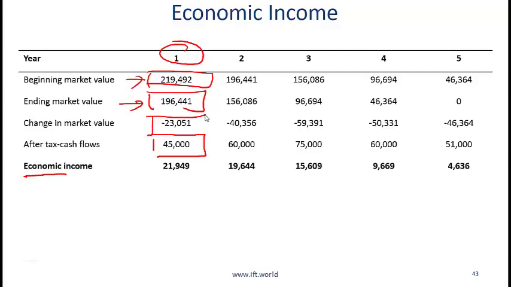Market value went down by 23,051. So how do you come up with this economic income? It's the cash flow minus this number. So bottom line, what is economic income? It is the cash flow, and then you adjust that cash flow based on the change in economic value of the project.